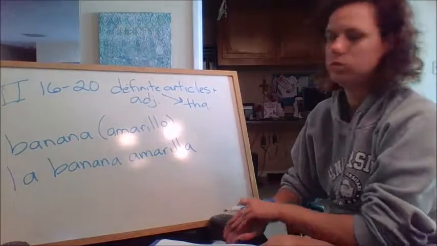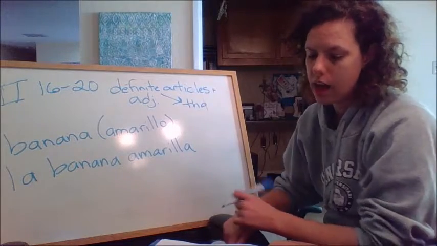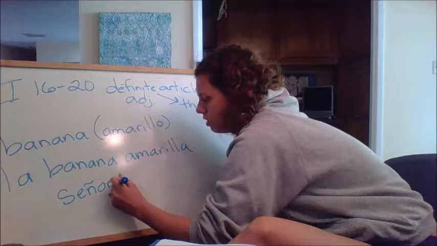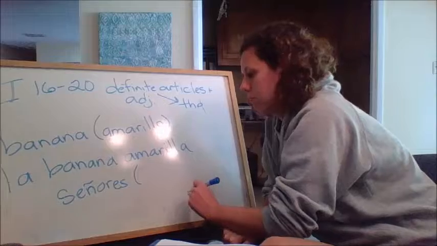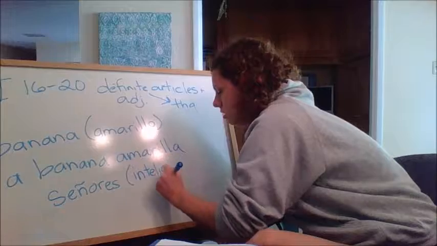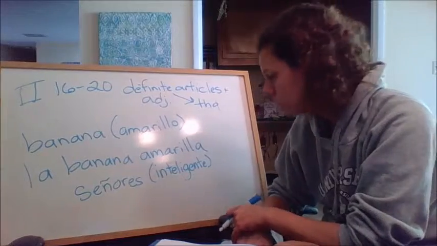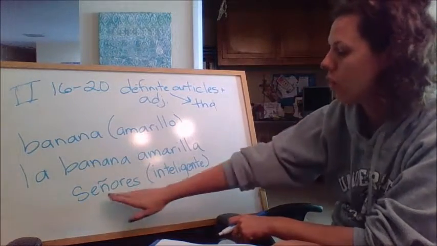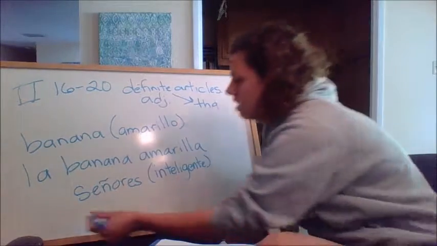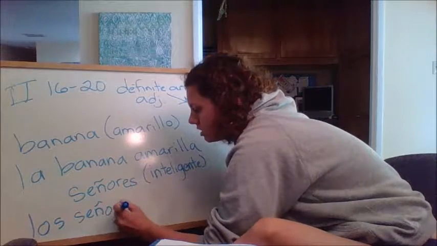We say amarilla. If I had something like señores inteligente, intelligent men or sirs, our definite article that's going to go with señor, a masculine noun, is masculine and plural, so this becomes los señores.